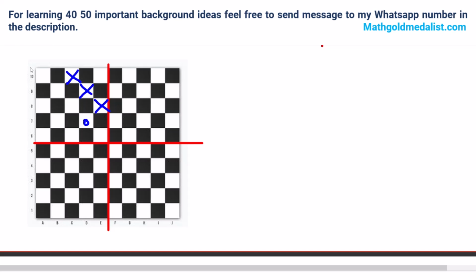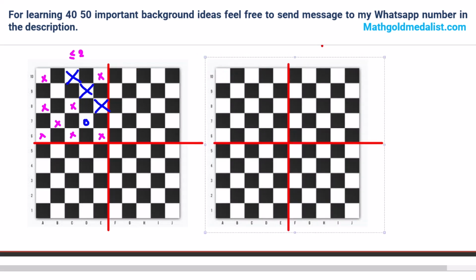Do you agree then we can remove this one, this one, this one, this one, this one, this one, this one. Do you agree again it is at most 2? Agreed? So we can remove this, right?